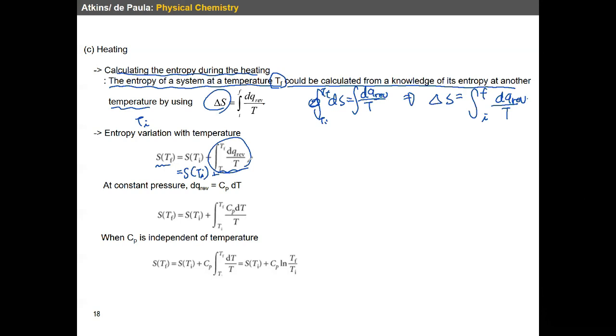And in our previous classes, we have learned that at constant pressure, dq ref is equal to Cp dT, right? So you can simply replace this dq ref with Cp dT, like this.